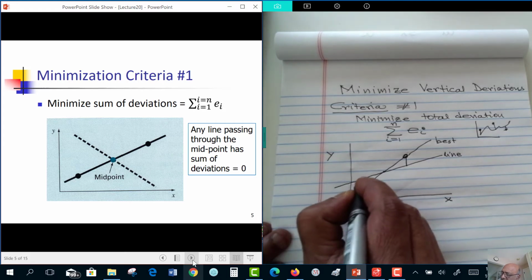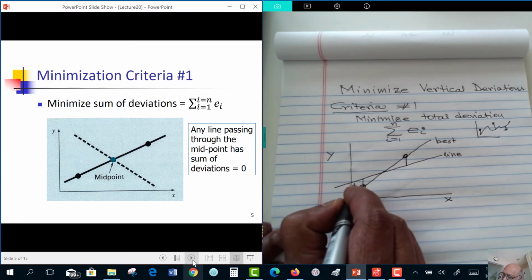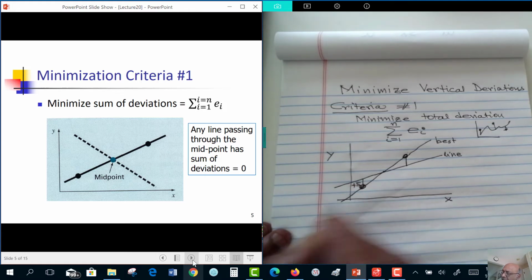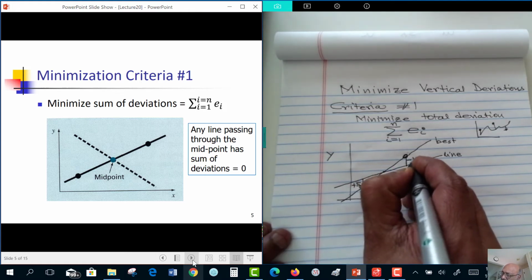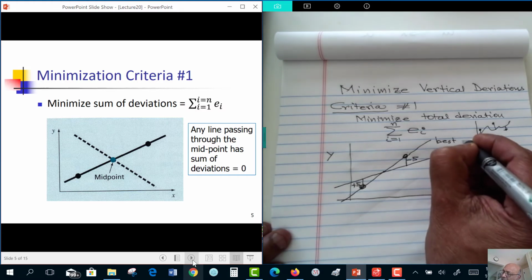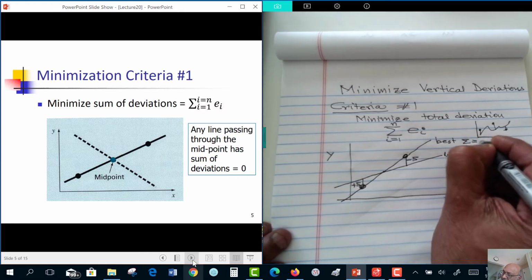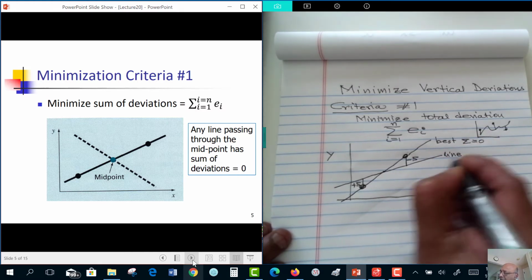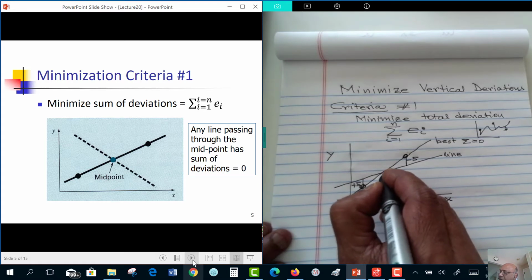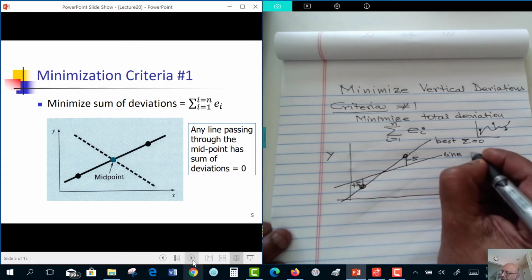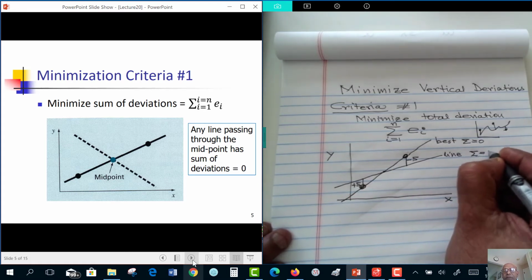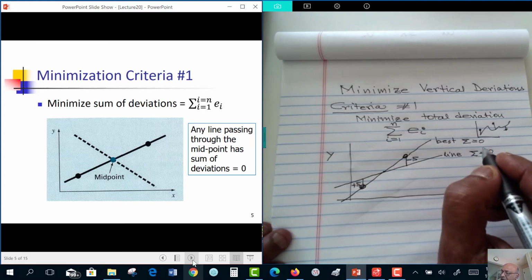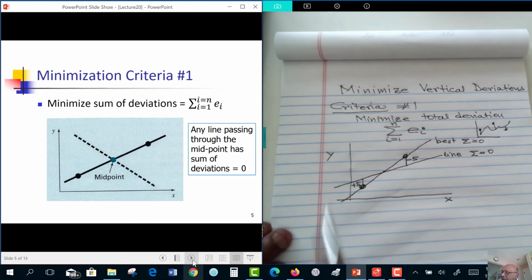When the line is above the point, it is a positive deviation. So let's say this is positive 5 points, and this will be therefore negative 5 points. So for the best straight line, the sum of deviation is 0. Any line that passes through the center point, the deviation is equal to 0. So of course, this is not a good criteria.